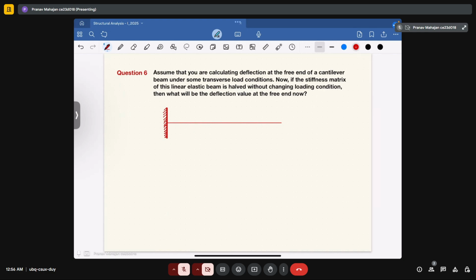Now, if the stiffness matrix of this linear beam is halved without changing any loading condition, then what will be the change in the deflection value at the free end?